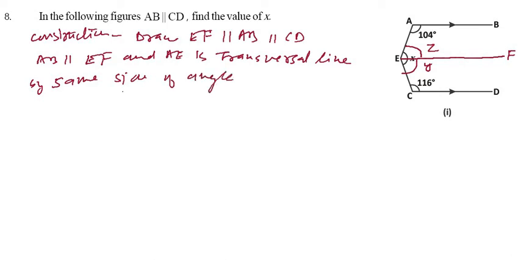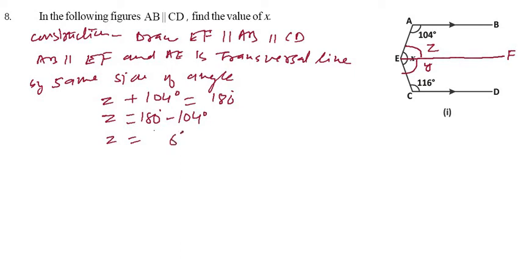So Z plus 104 is equal to 180 degree. So Z will be equal to 180 degree minus 104 degree. So Z will be equal to 10 minus 4, that is the 6. And here is 7 and 1 minus 1, that is 0. That is the 76 degree.